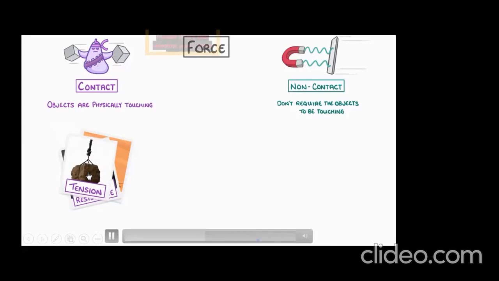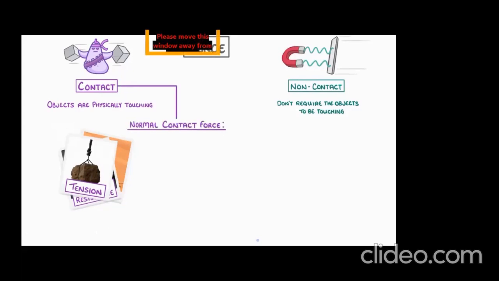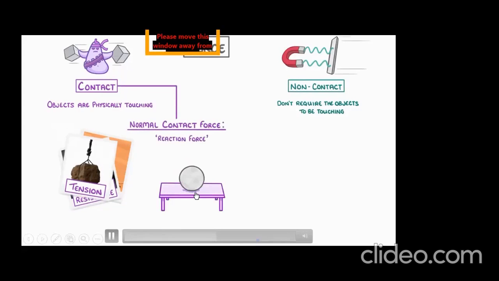The rock is being held by a rope, and it is producing a contact force. These are the normal contact forces. Reaction force, like a big ball kept on the table. It is exerting a force on the table.